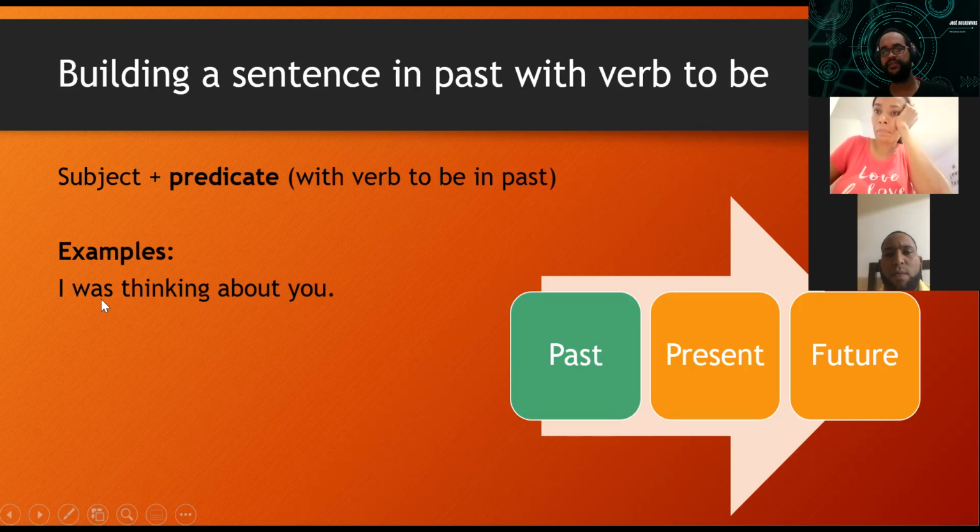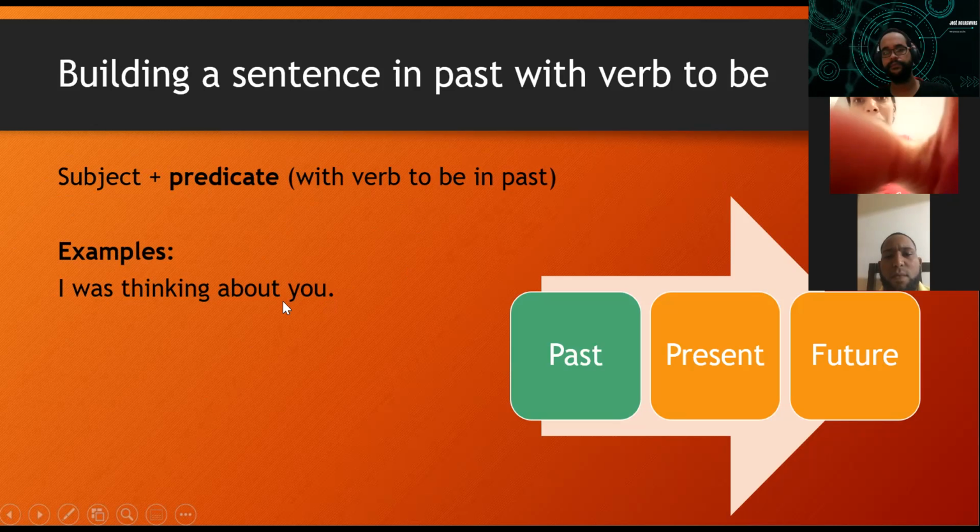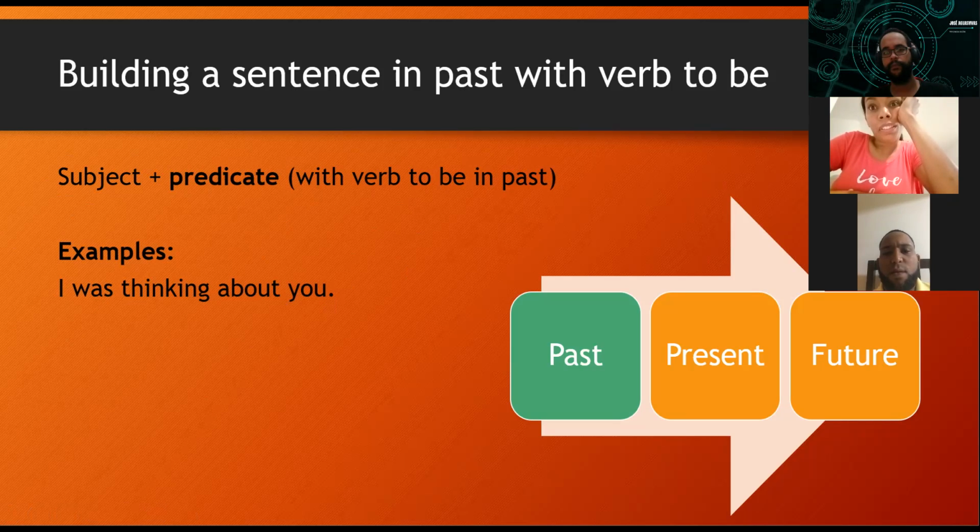Elizabeth, can you say this sentence in present? I am thinking about you. Sorry, I didn't hear properly. Can you please repeat?